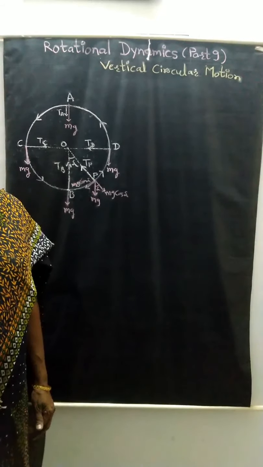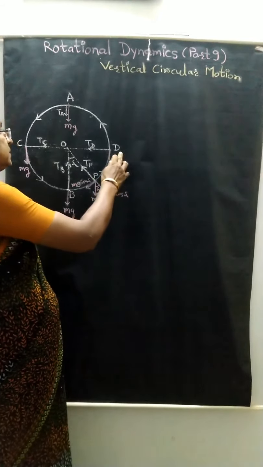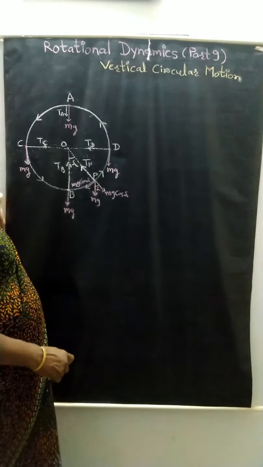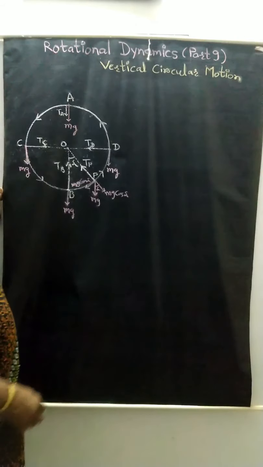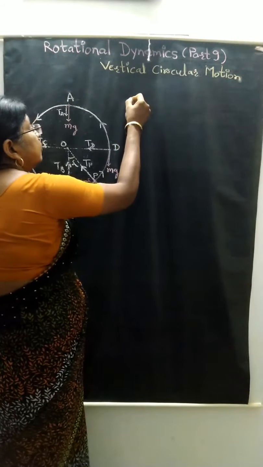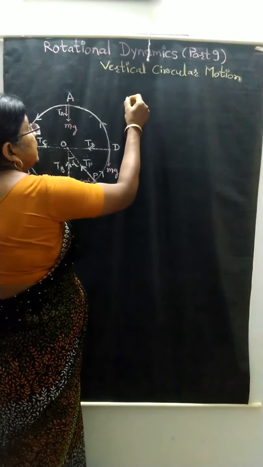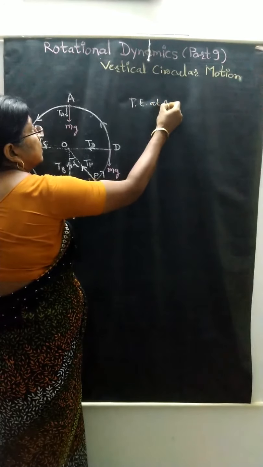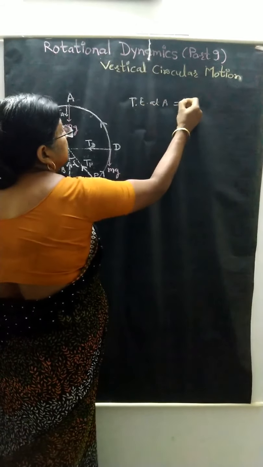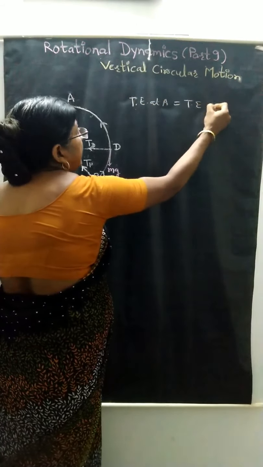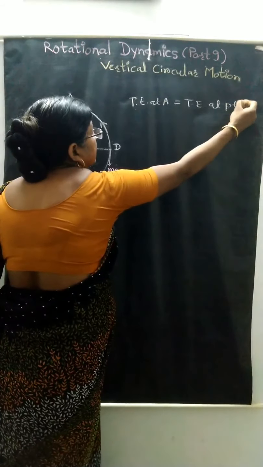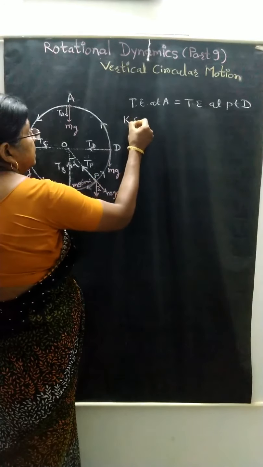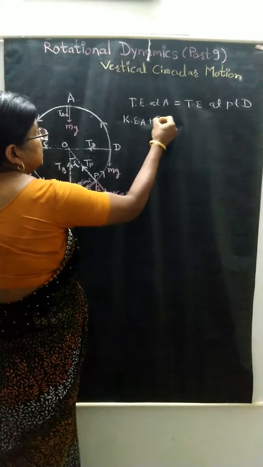For calculating the speed at midpoint, such as point D or point C, again we have to use the law of conservation of energy. Let us write according to this law the total energy at point A is equal to total energy at point D. So total energy means kinetic energy plus potential energy.